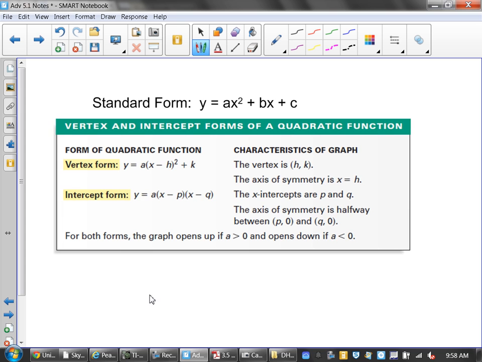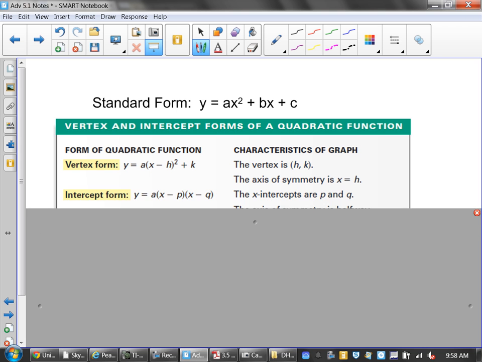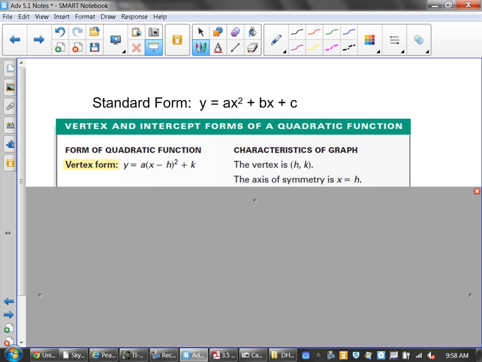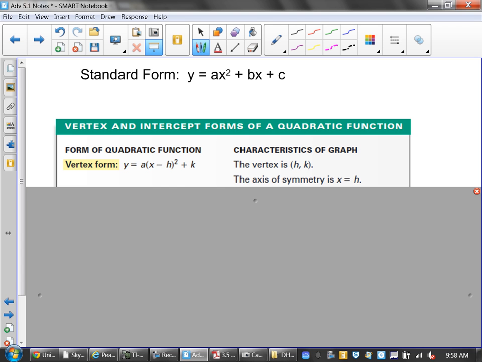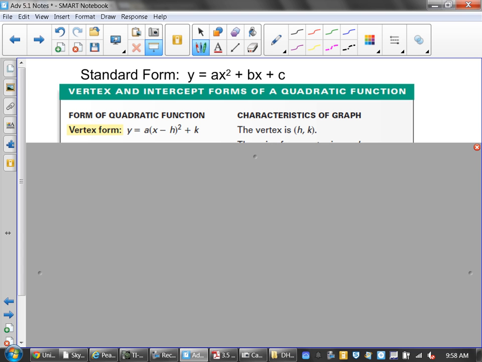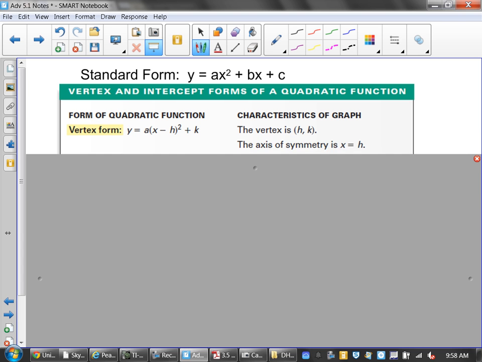The other form that we're going to look at today, we actually have 2 others, but we'll start with what's called the vertex form. So we have standard form, and vertex form is your introduction to H's and K's.